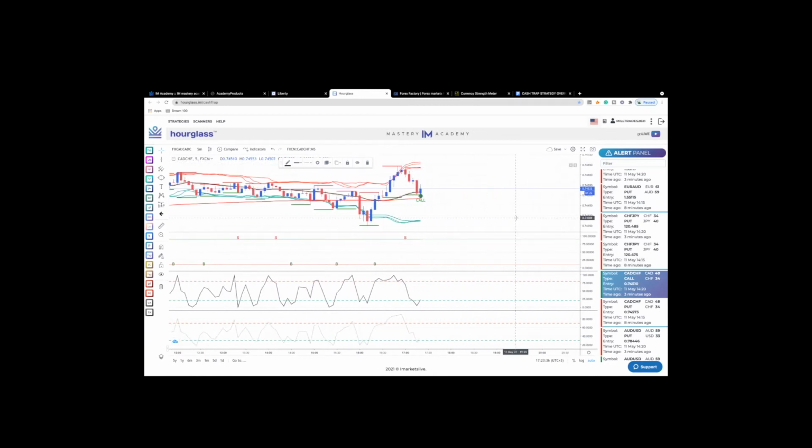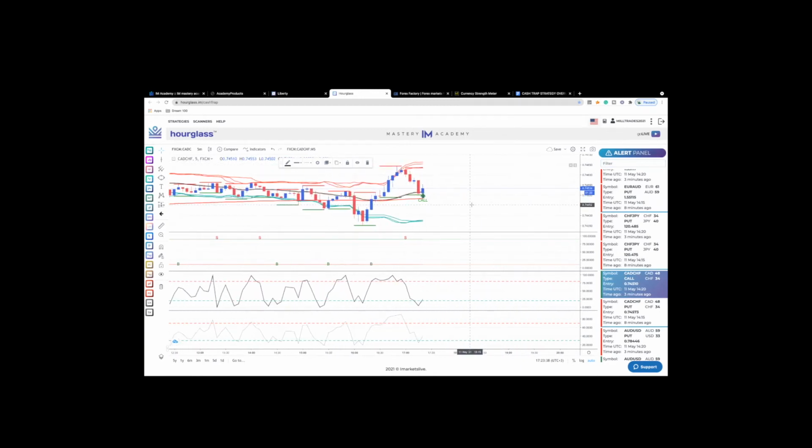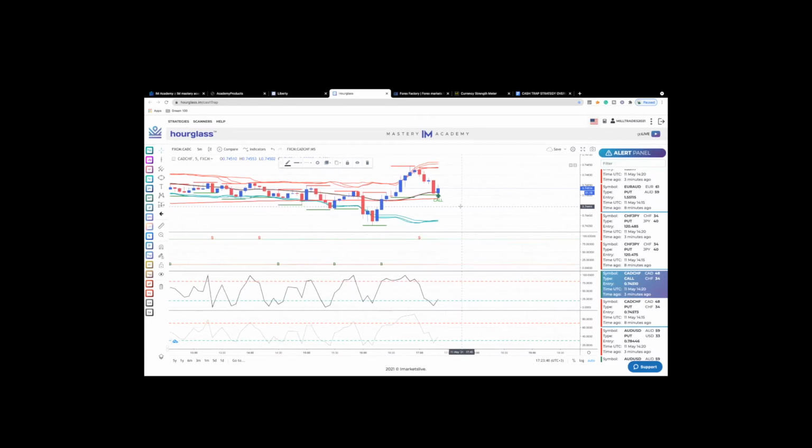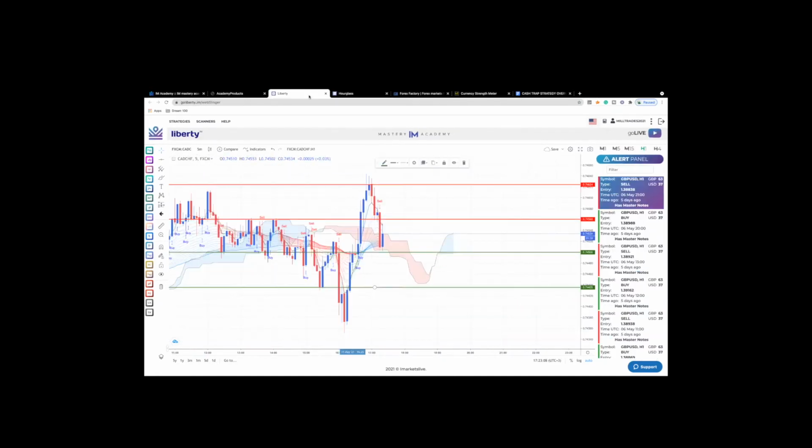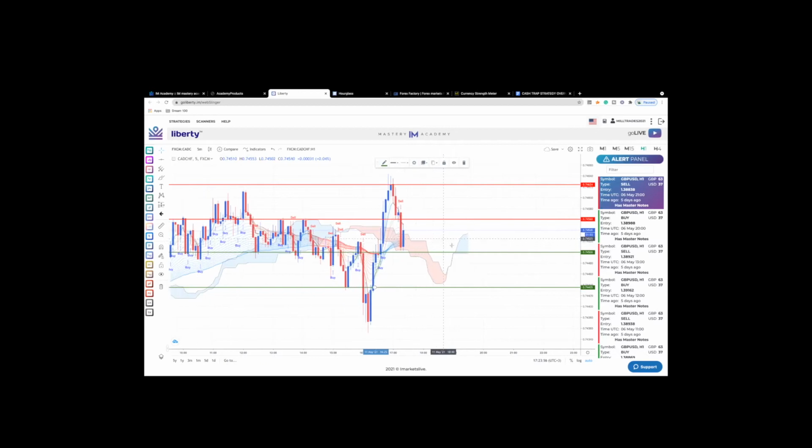Okay, and now since we're at CAD CHF, we obviously see a lot better overview of what it actually looks like with the Bollinger Bands and with everything there. So we could actually take an actual trade now after the next minute candle prints, and you could kind of refer back to Liberty to also get another entry, okay?